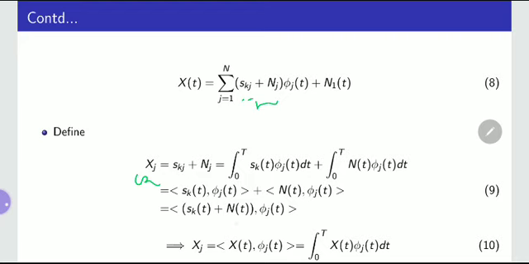That gives a very interesting result: sk of t plus n of t is x of t. So xj is the inner product between x of t and phi j of t, or the coefficient xj is actually the projection of x of t on phi j of t, where phi j of t is our capital N basis function which represents an N dimensional signal space.